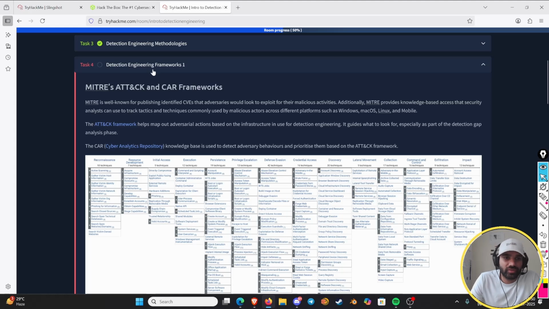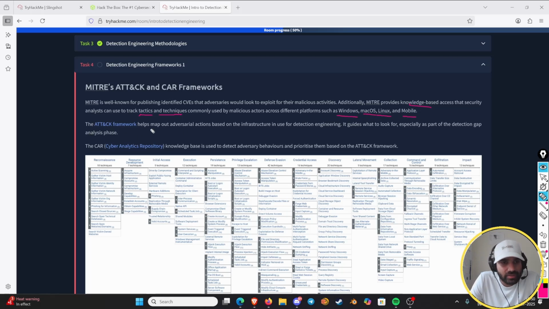Now, detection engineering framework 1, MITRE ATT&CK and CAR frameworks. MITRE is well known for publishing identified CVEs that adversaries would look to exploit for their malicious activities. Additionally, MITRE provides a knowledge base that security analysts can use to track techniques and tactics commonly used by malicious actors across different platforms such as Windows, macOS, Linux, and mobile.